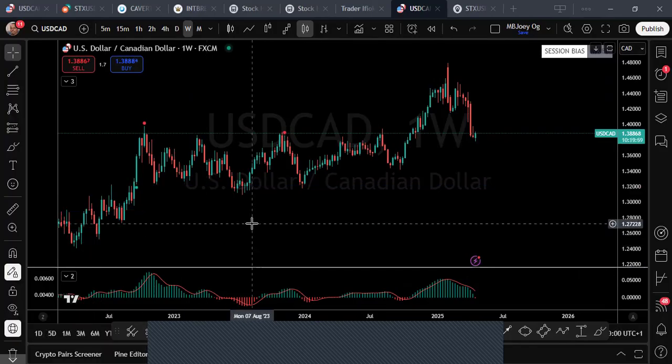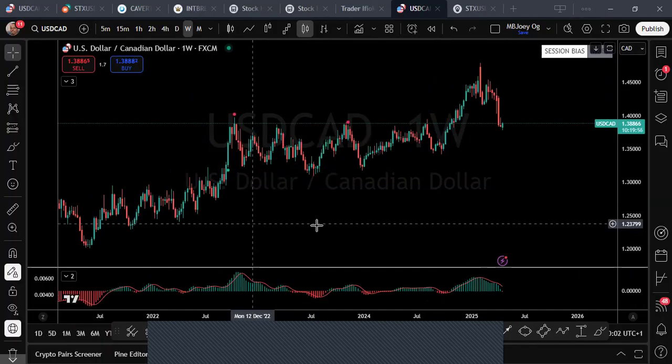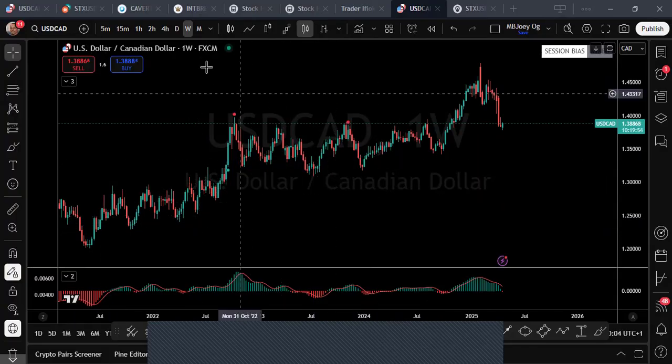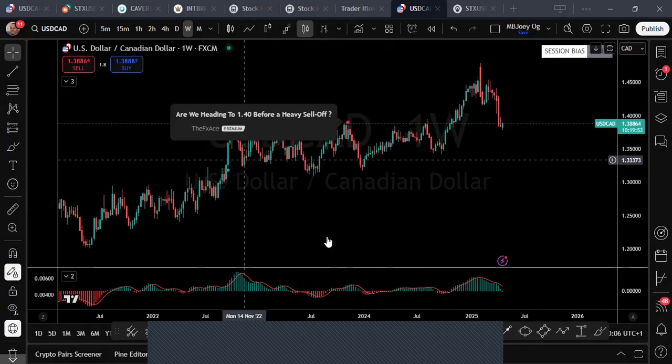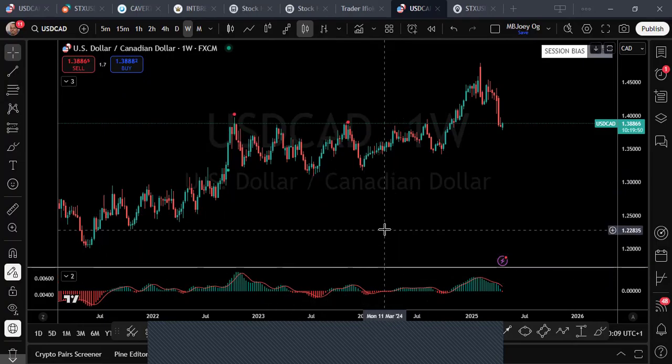Okay. So on USDCAD, looking at it from the weekly time frame, without changing to your line chart, can you see anything very specific? Can you see something that is staring you in the face, very obvious? Can you spot it?